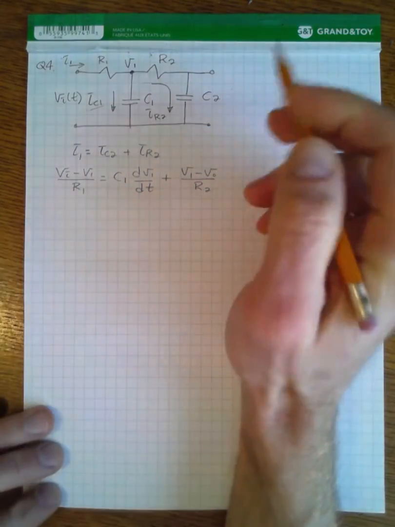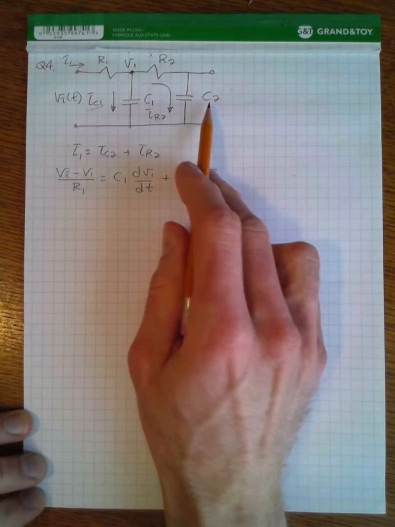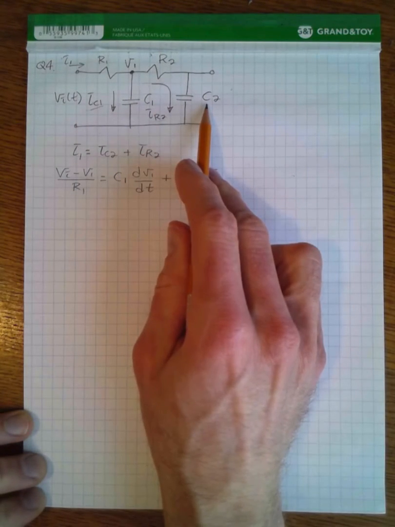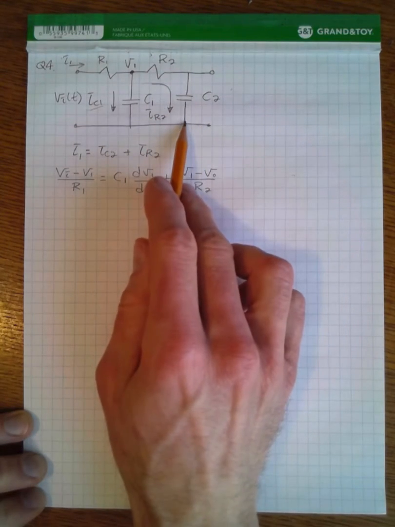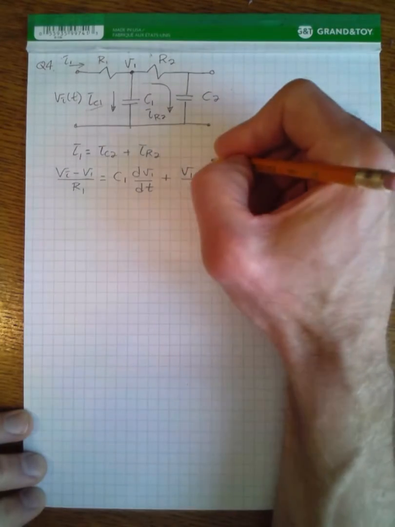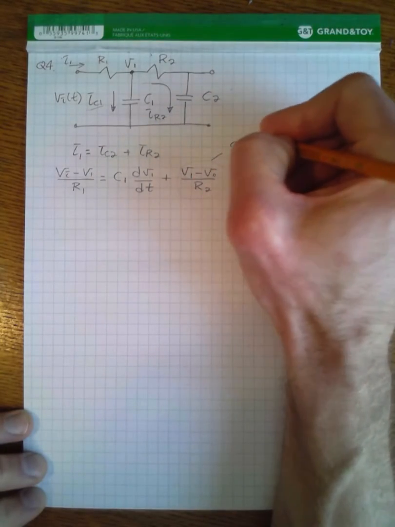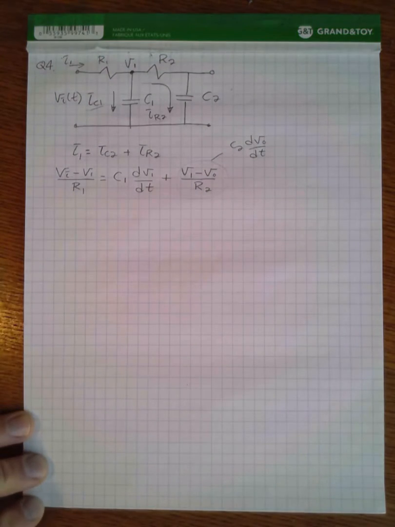Now, a few people correctly noted that the current flowing through this branch is also equal to C2 multiplied by the derivative of the output voltage, right? And so this could also be C2 dVout/dt. That was totally valid.